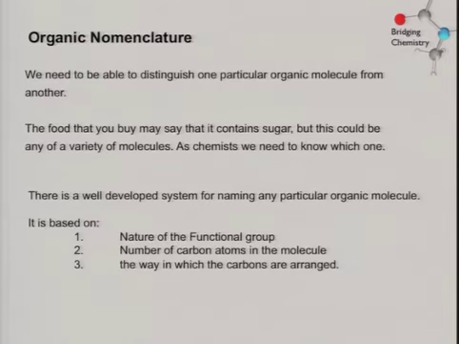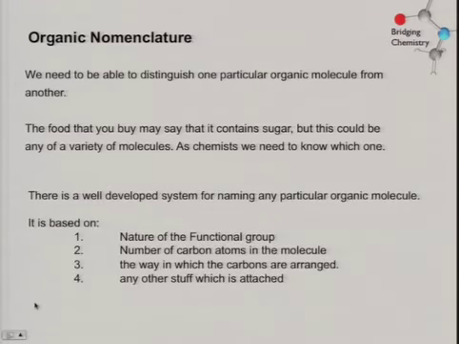Remember, that's important because it enables you to know what class of molecule it is. Part of the name is about how many carbon atoms there are in the framework of your molecule. And then part of the name is about the way in which those carbons in the framework are arranged.